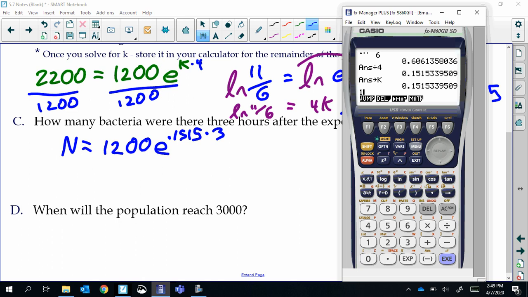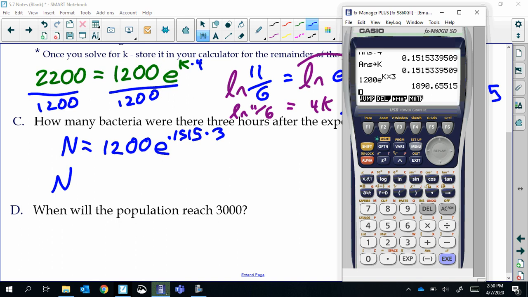So it's 1200 e to the k times 3. And that makes sense. We said it would be a little bit less than 2,000, because it definitely had to be less than 2,200.